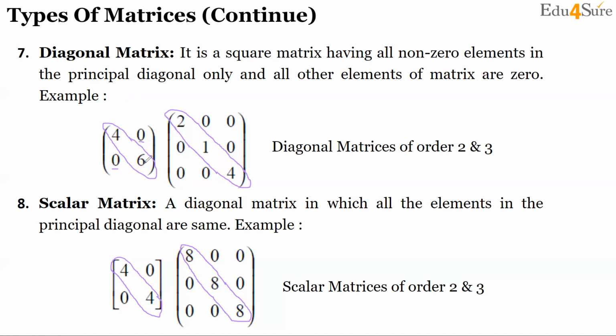Where the diagonal elements are non-zero but not necessarily the same, it is called a diagonal matrix.